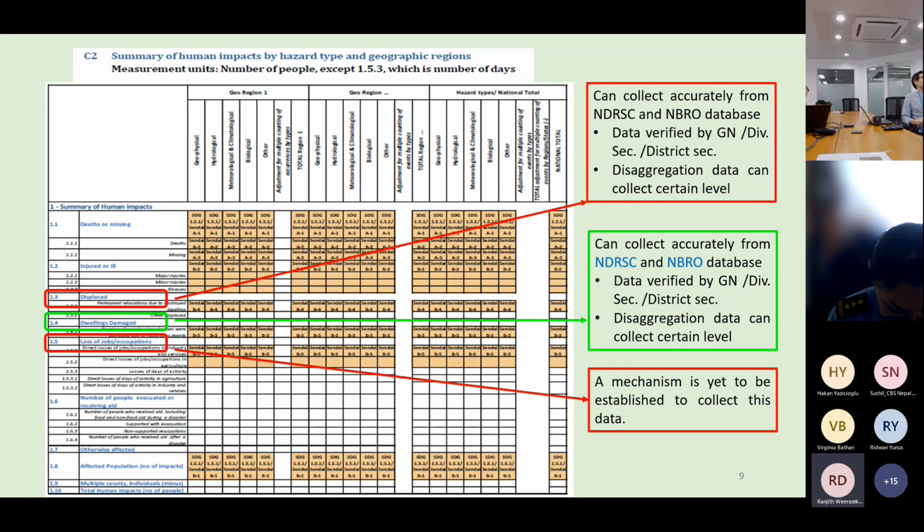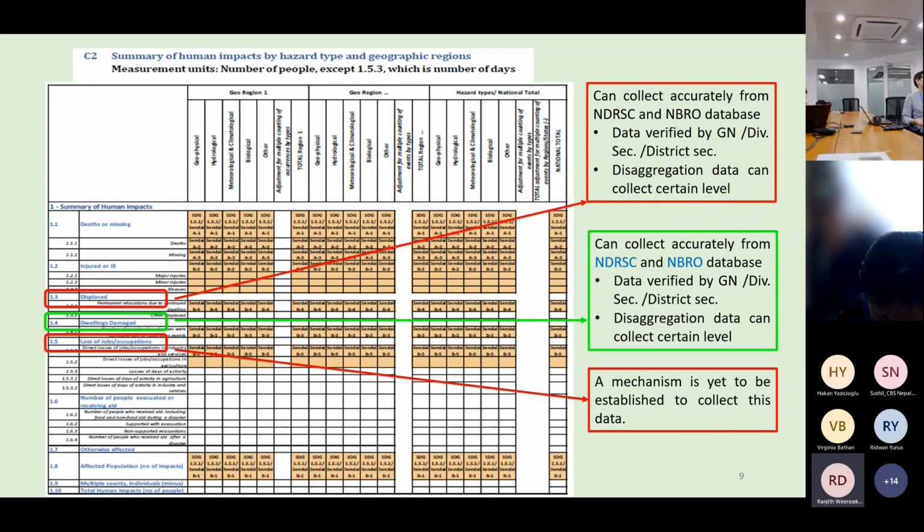So the NDRSC database is more accurate than the other databases, and we can use that database to fill these tables.